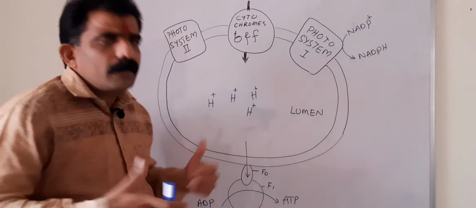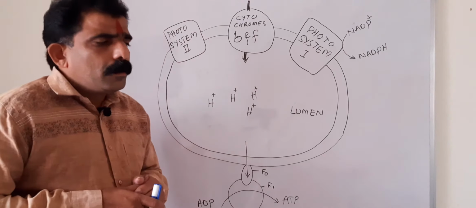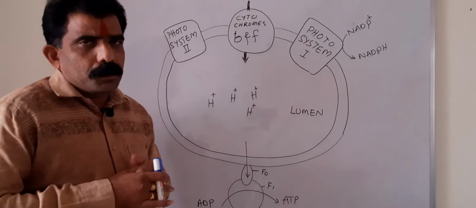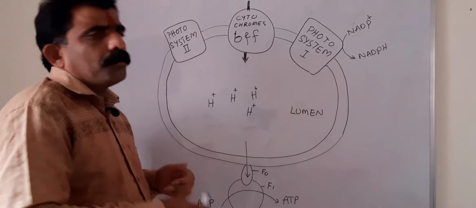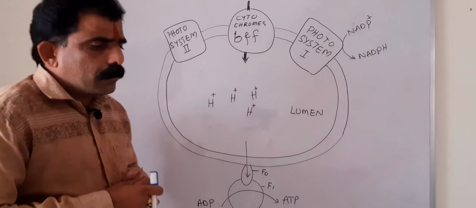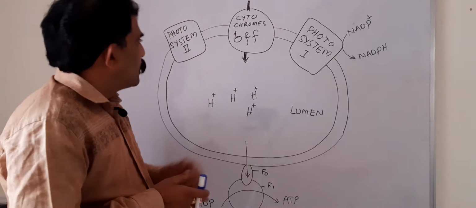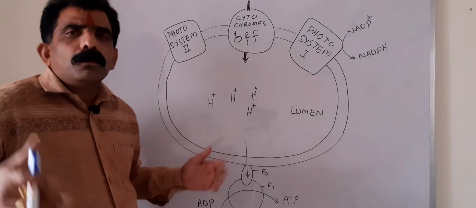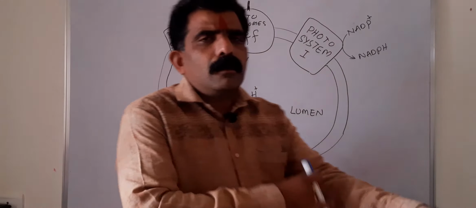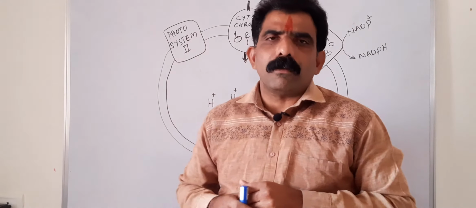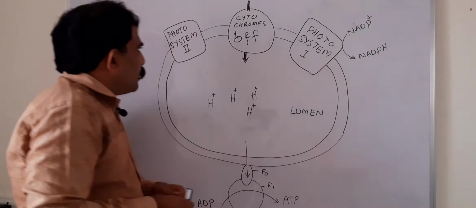To understand this chemiosmotic theory, we should have awareness of the electron transport system of photosynthesis, that is, cyclic and non-cyclic photophosphorylation. Photosystem 2 is present in non-cyclic photophosphorylation, where both photosystem 1 and photosystem 2 are involved.